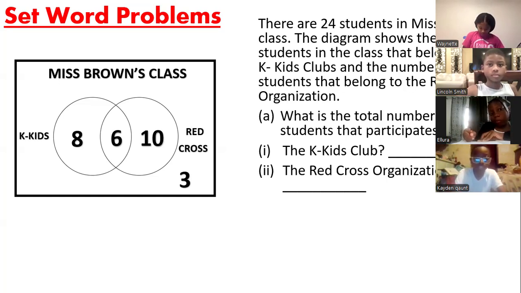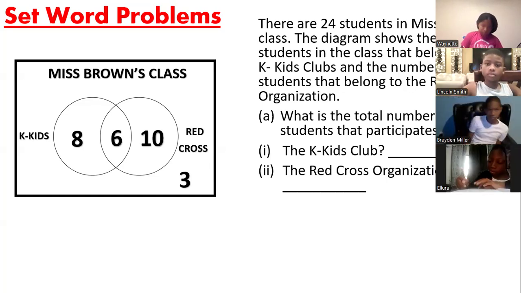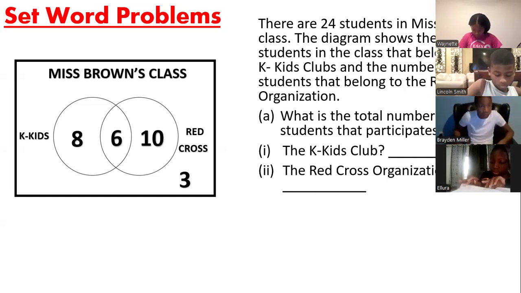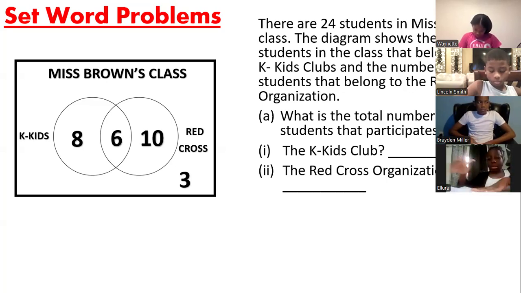Because the question asks how many students are in the K Kids Club, and the Venn diagram says 8 are in the K Kids, and 6 are in both the K Kids and the Red Cross. So I add 8 plus 6, which got me 14.